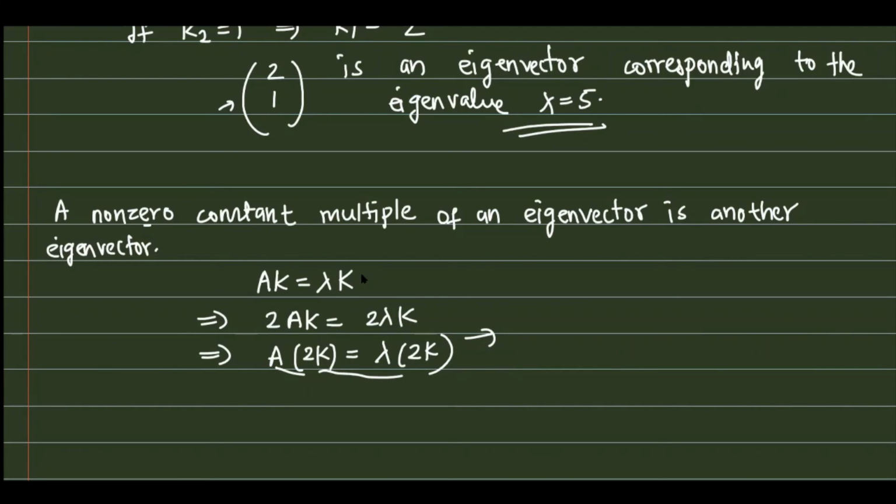So this means that 2k is an eigenvector corresponding to lambda. So if k is an eigenvector corresponding to lambda, then 2k is also an eigenvector corresponding to lambda. So in general, any non-zero constant multiple of an eigenvector is again an eigenvector.